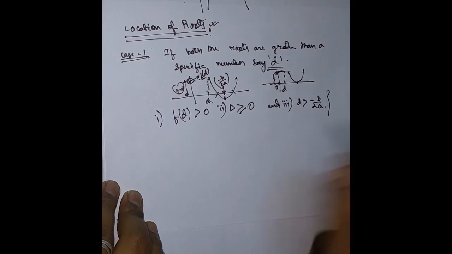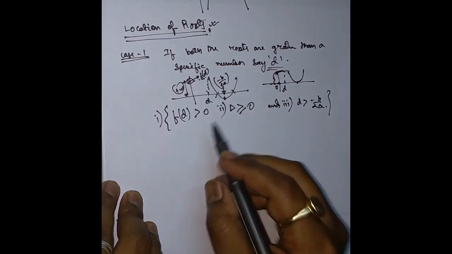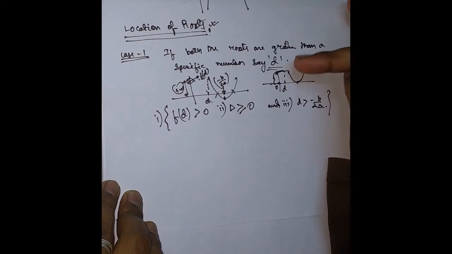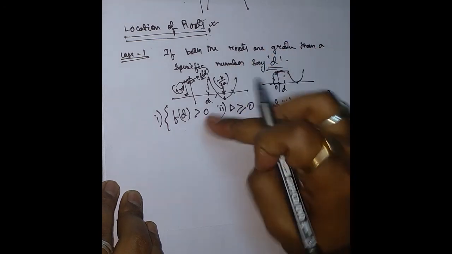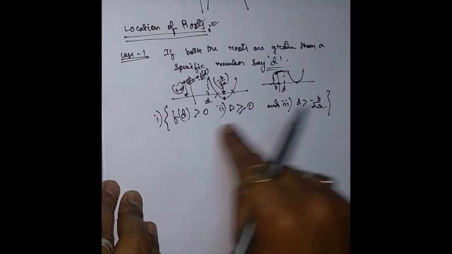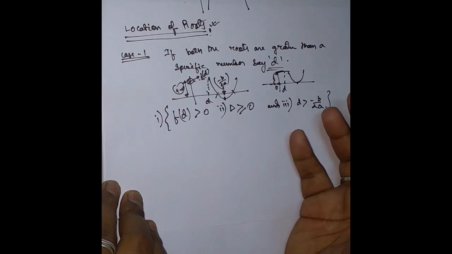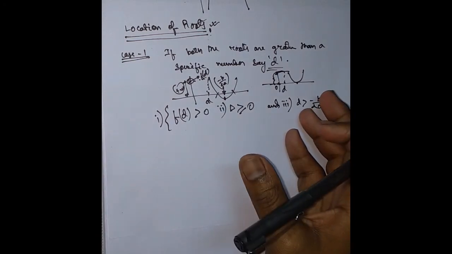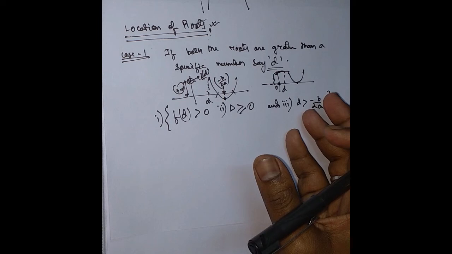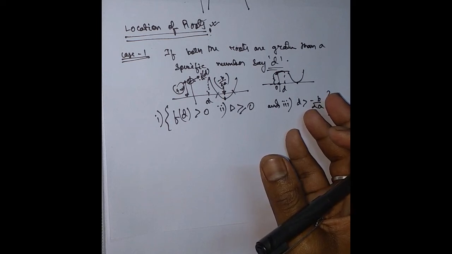Alright, these are the three conditions that must be fulfilled if both the roots are greater than a number, say d. Solving these three conditions, you will get an inequality, and based on that inequality you will get your results.